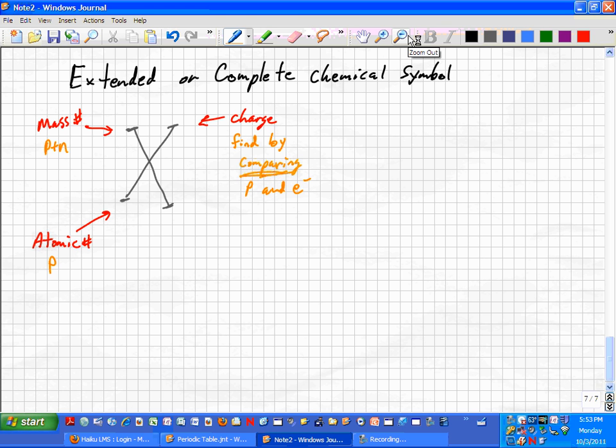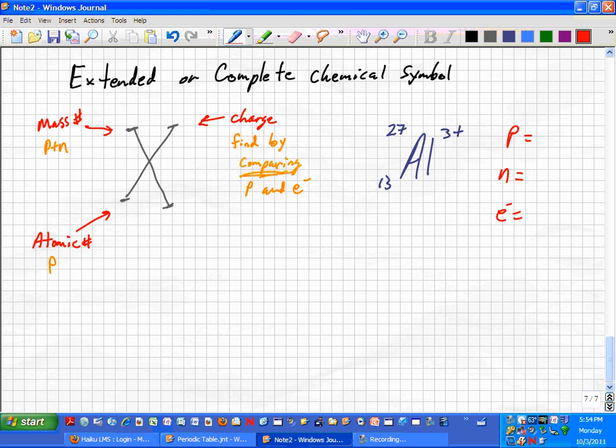Let's say we had this symbol here. I had Al with a 3 plus charge and a 13 down here and a 27 up here. And I want to know my number of protons, my number of neutrons, and my number of electrons. Again, I'd probably go for the easy one first.